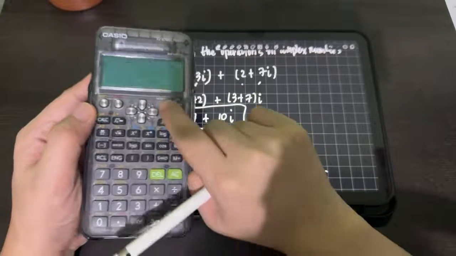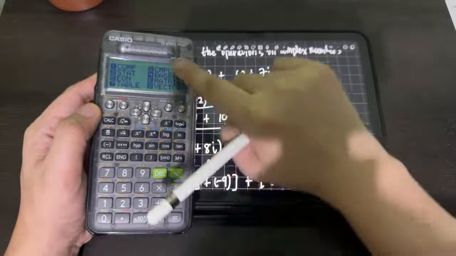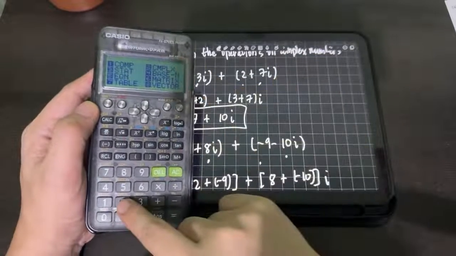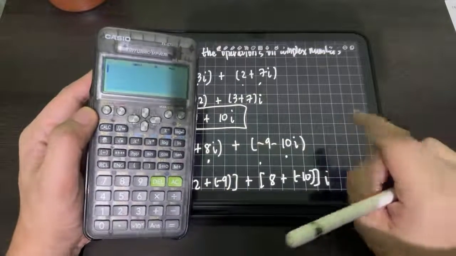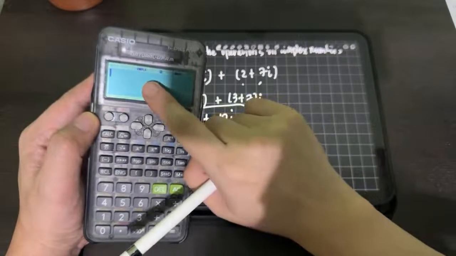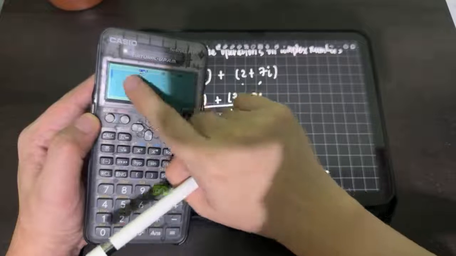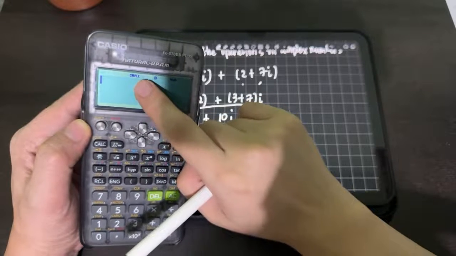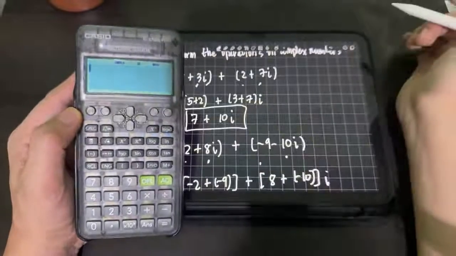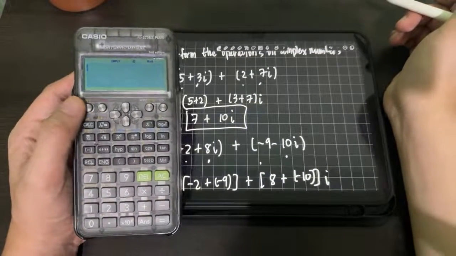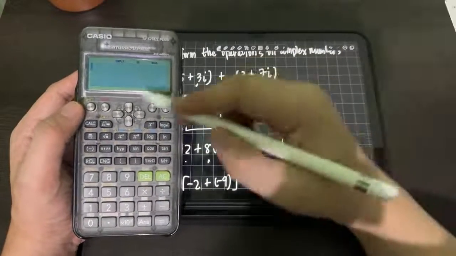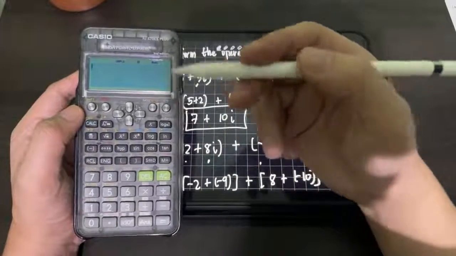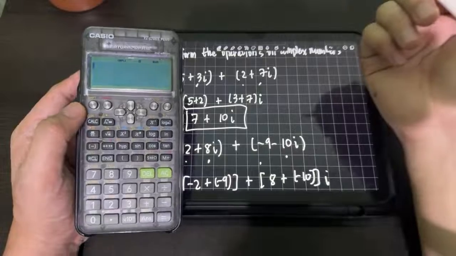So press mode, and then you will see here 2 complex. Press 2, and then you will now see the complex term here on the calculator. It means that you're already in the complex mode, and all the computations that you will perform in this mode will be within the range of complex numbers.